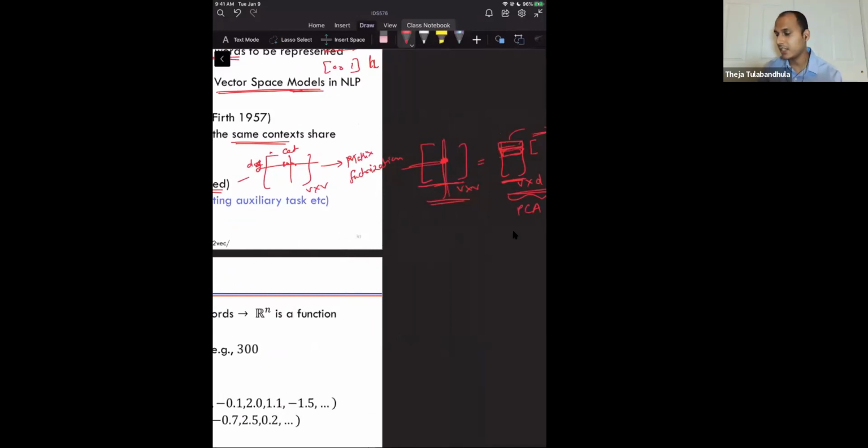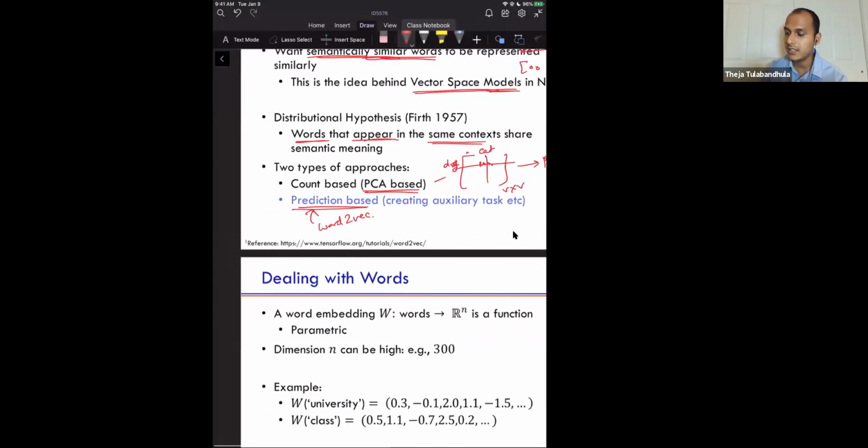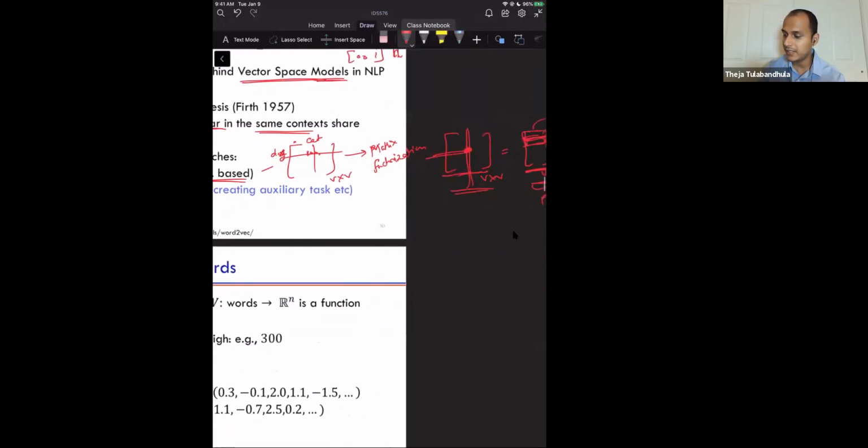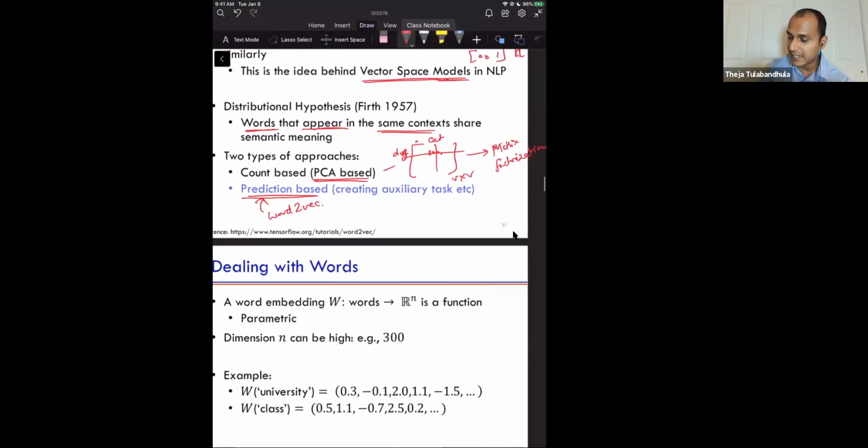I mean, that's not given by just doing matrix factorization, but that's something that you can try to capture using this type of factorization. I'm skipping a lot of details here because I want to get to the prediction-based approach to get to embeddings, and that's Word2Vec and all the subsequent embeddings that you might have heard of.